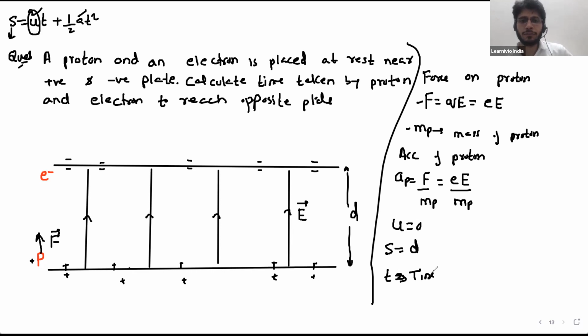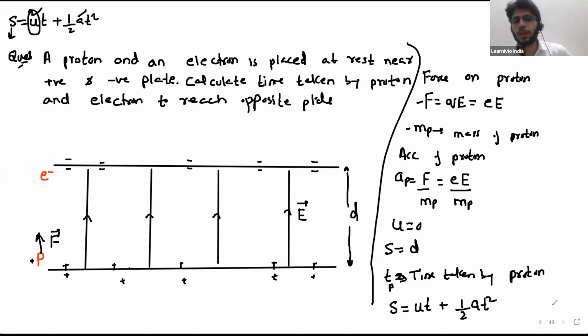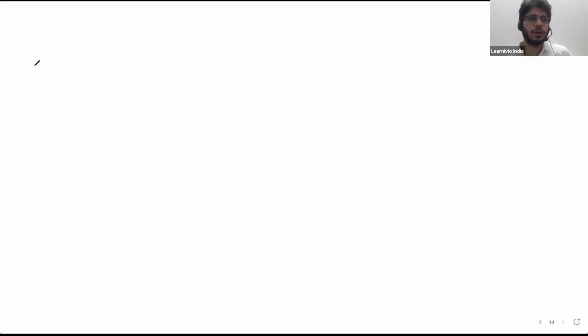So to calculate, I need time. t is time taken by proton, or it will be better if I put a tp here. So I'm using this equation, s is ut plus half a t square. If I substitute all values, displacement is d, initial velocity is 0, plus half, acceleration is eE by mass of proton multiplied by t square.